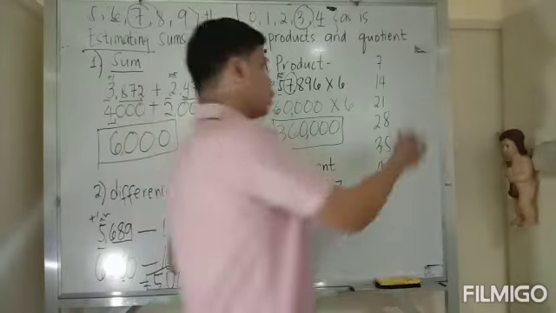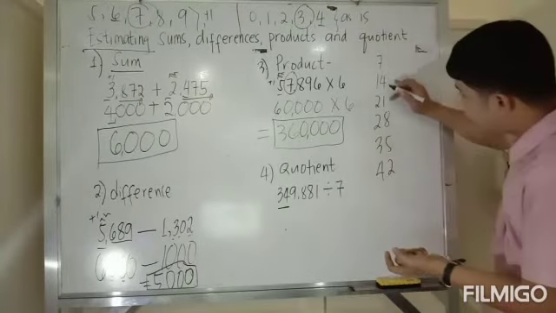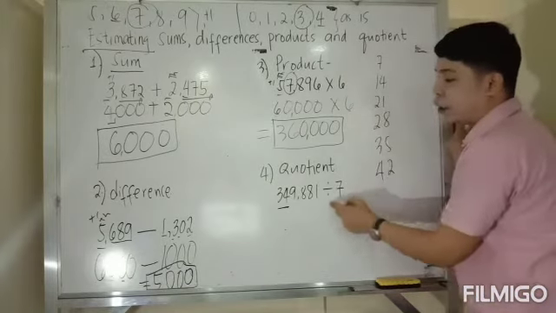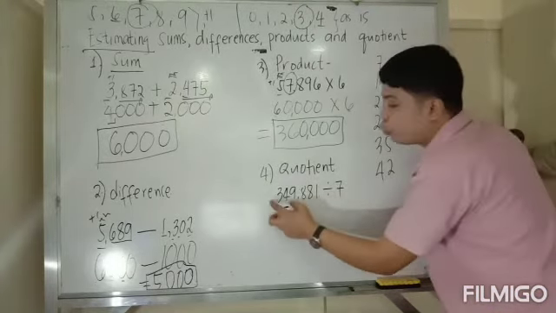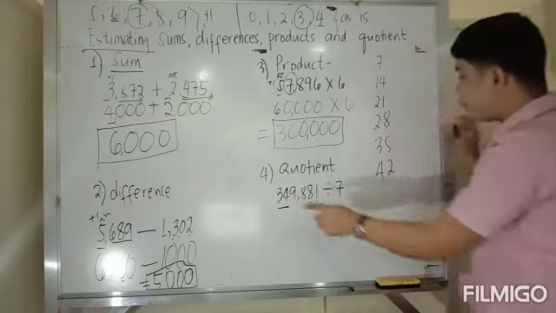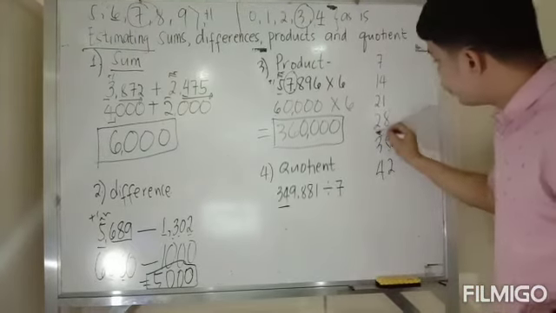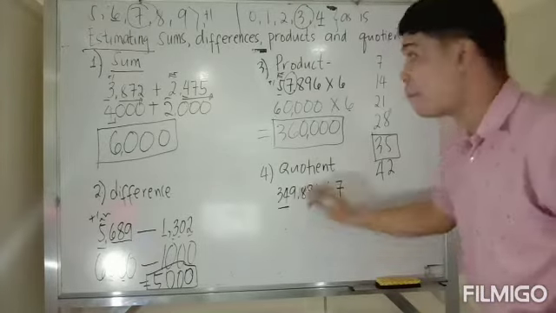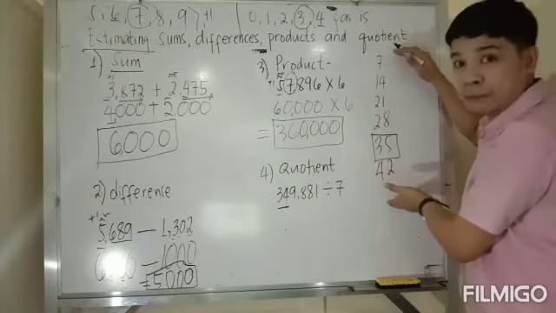Okay? So look at now, we have 7, 14, 21, 28, 35, 42. Which of these multiples of 7 is closest to 34? So we have here 35. 35 is the closest to 34 among the 6 multiples of 7.